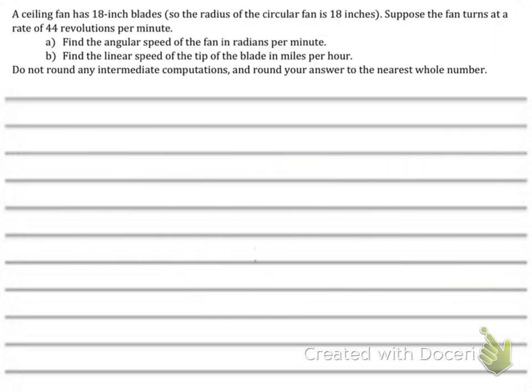Okay. We have a ceiling fan. There's the radius and the revolutions per minute. They want to know first radians per minute. So we start with our original 44 revolutions per minute. And they wanted minutes. We've already got it, so that's great. We need to introduce radians, right?